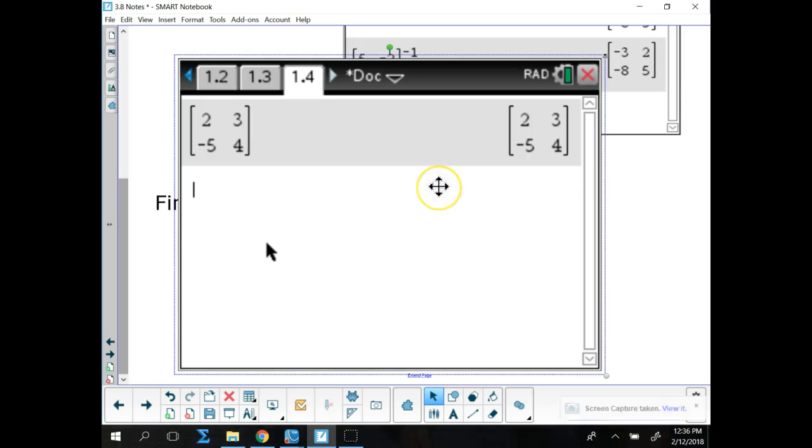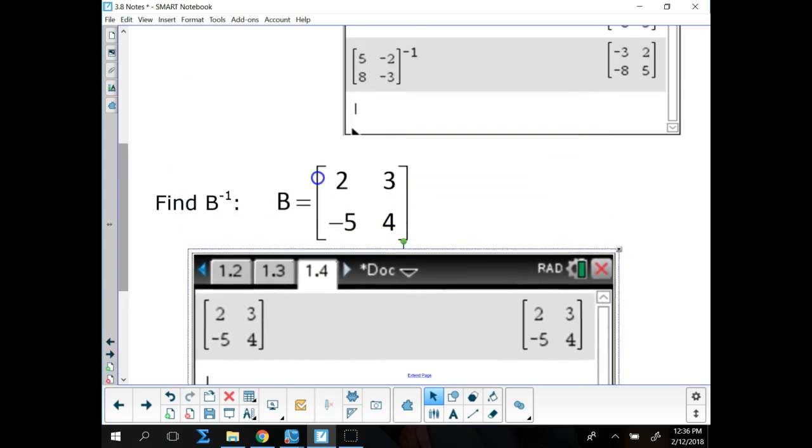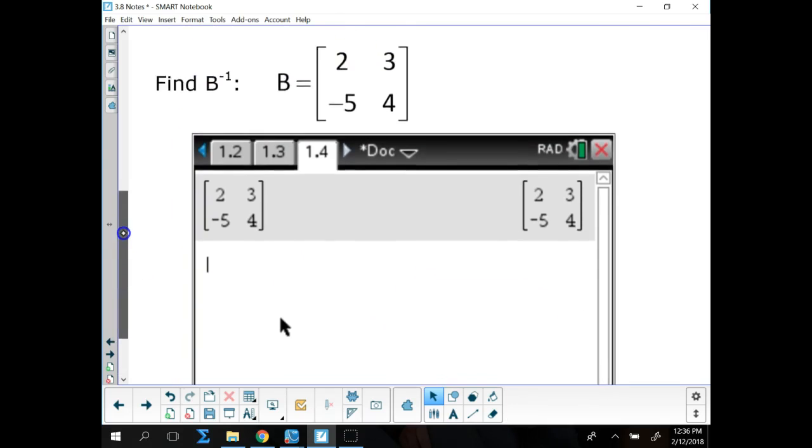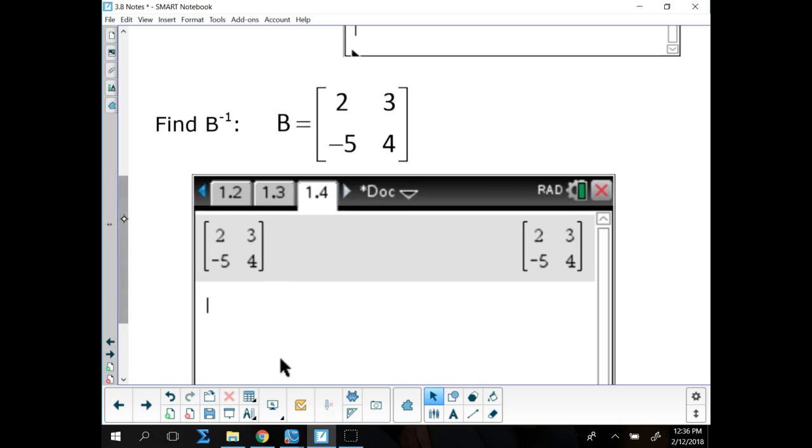The one downfall with using the calculator to find your inverse is that if your determinant is not 1, let's say, okay, you will get 4 fractions in this case. Or if it's a 3 by 3, you might get 9 fractions, okay?